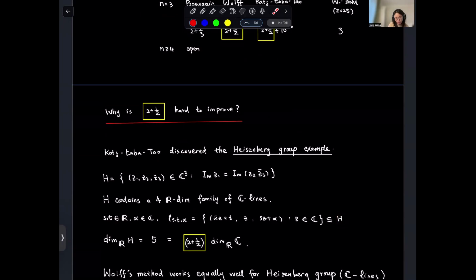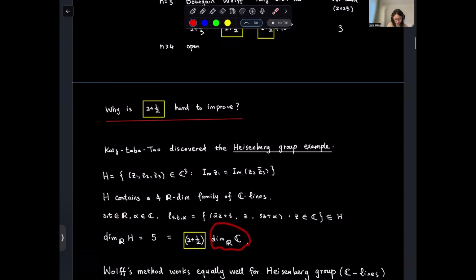If we identify C^3 with R^6, then this becomes a real hypersurface in R^6, so the real dimension of the Heisenberg group is 5. This equals exactly 2 plus 1/2 times the dimension of the complex numbers.